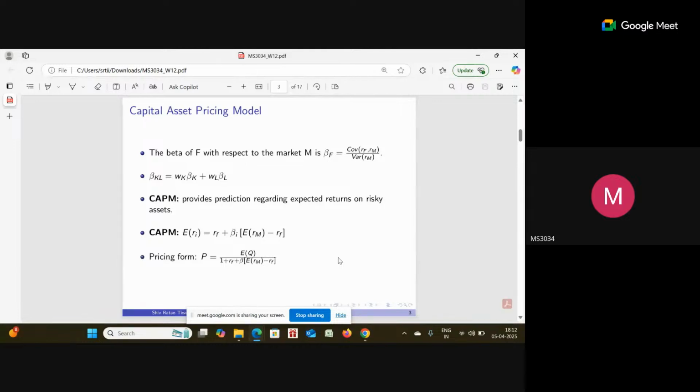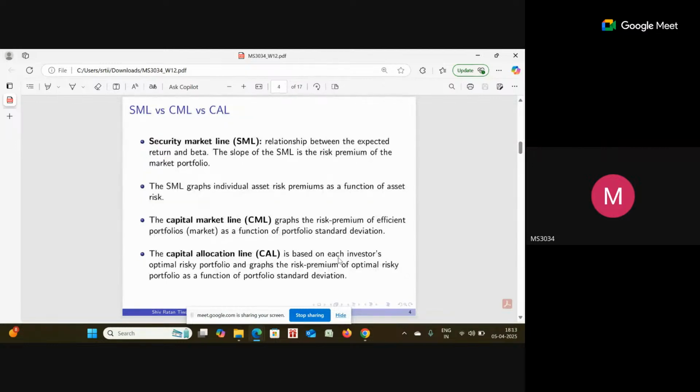Then there is a linear relation between these two, and the slope of this line is the market premium. So this line which we get, we call the security market line.